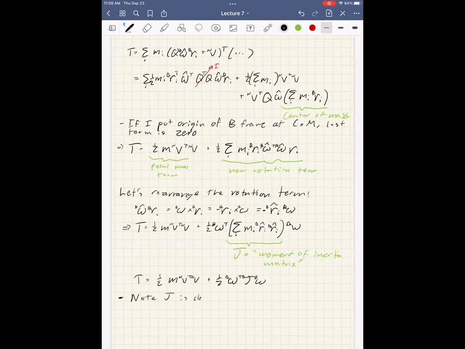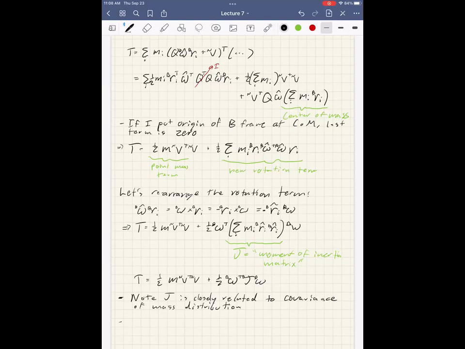J is closely related to the covariance of the mass distribution, and think of this kinetic energy as coming from a mean term which tracks the center of mass, and the covariance term that's tracking the rotation stuff.